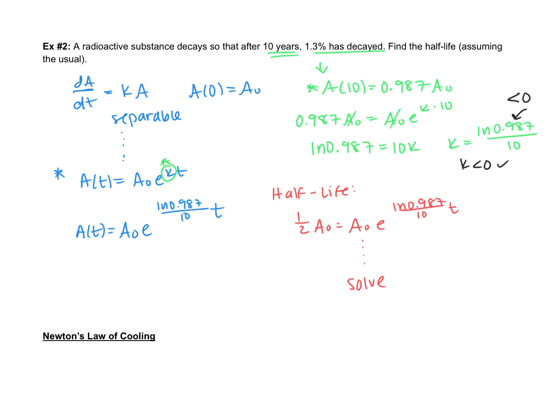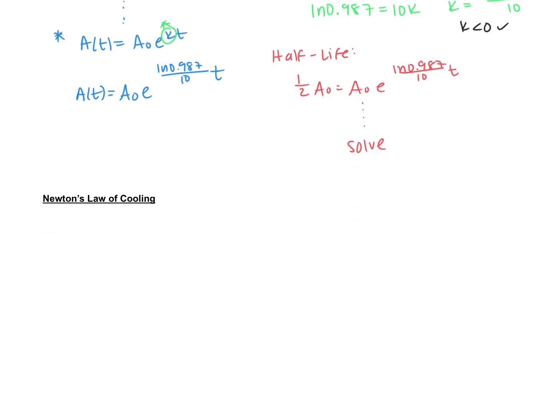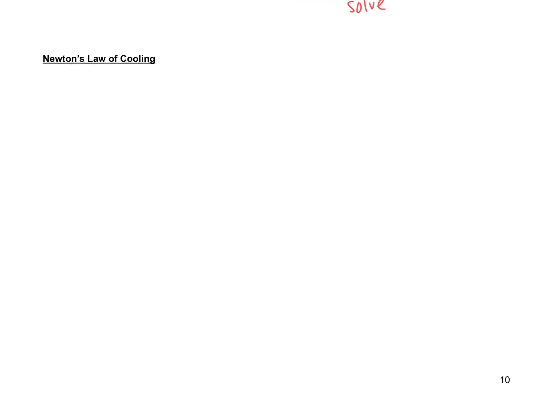But that is the way you would approach this problem. Okay, so next thing that we are going to take a look at is Newton's law of cooling. So here's the idea with Newton's law of cooling.